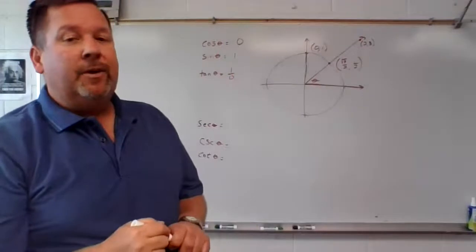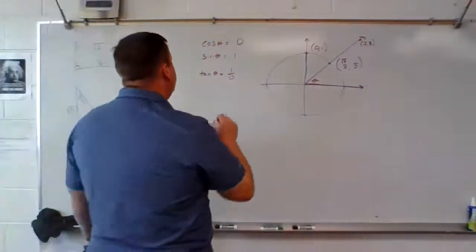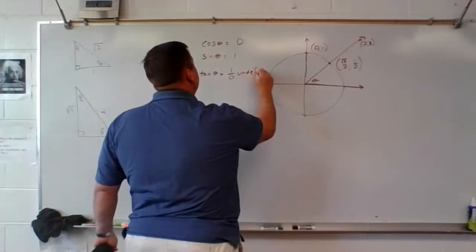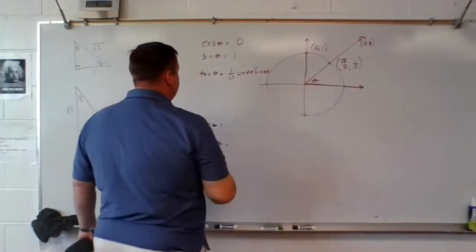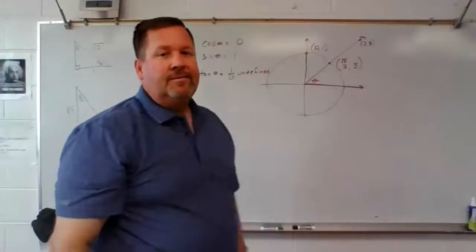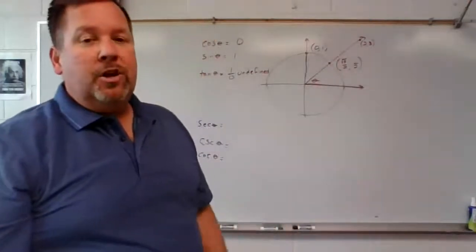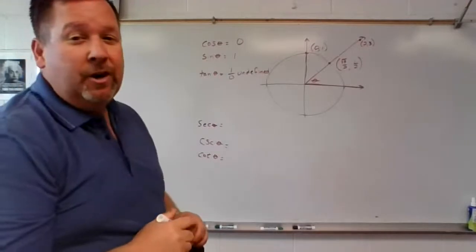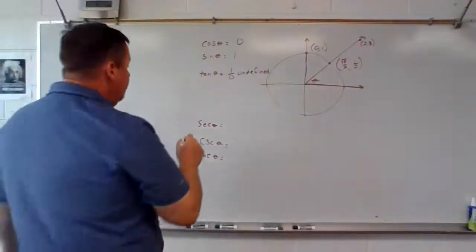Actually can't graph it. We'll see that a little bit later on. Same thing if we go down to look at secant. Secant is 1 over cosine or 1 over 0, also undefined.